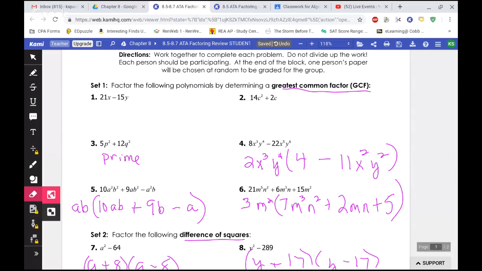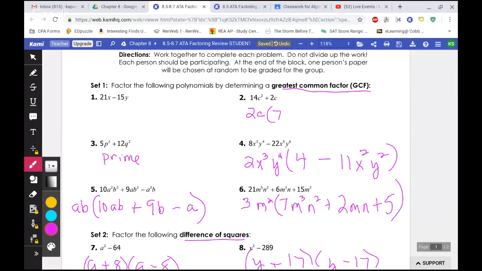All right, number 2. Are there any matching letters, and what number will go into both of the terms? 2 and C. Good job. There's a C in all of the terms, and 2 will go into both 14 and 2. So 14 divided by 2 is 7.